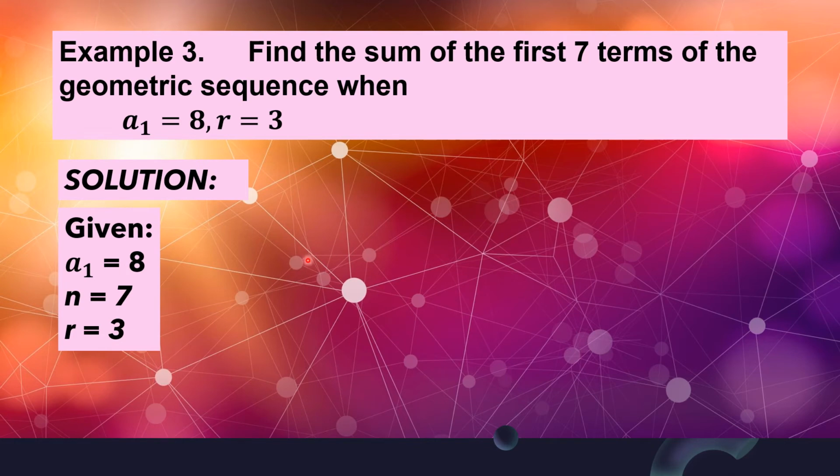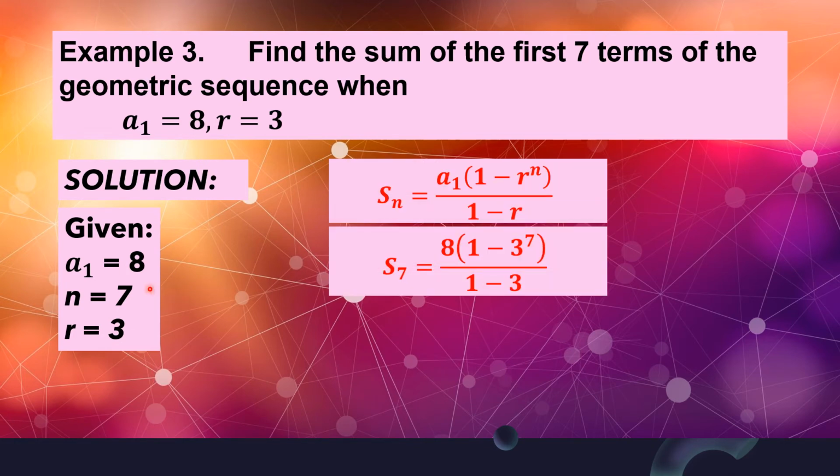Using the formula, we just substitute all the given to the formula. So n here is 7. A sub 1 is 8 times the quantity 1 minus our r is 3 raised to our n is 7 all over 1 minus r is 3.